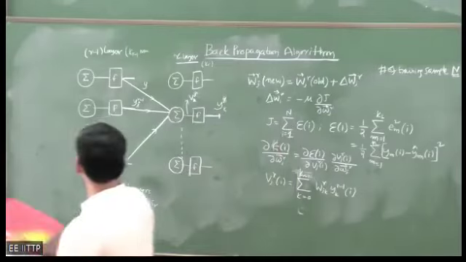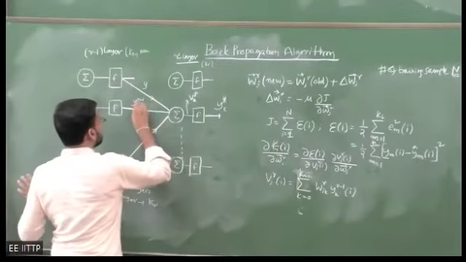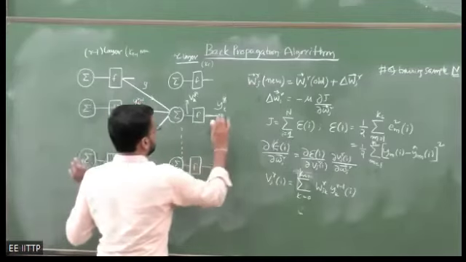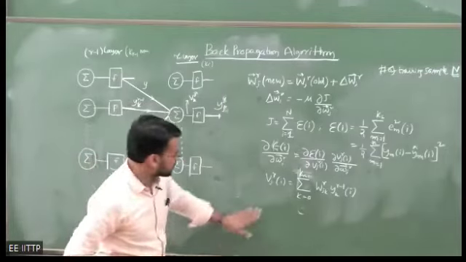Just for the sake of consistency, let me write K instead of J here, and J instead of K, so that there won't be any inconsistency in notation.